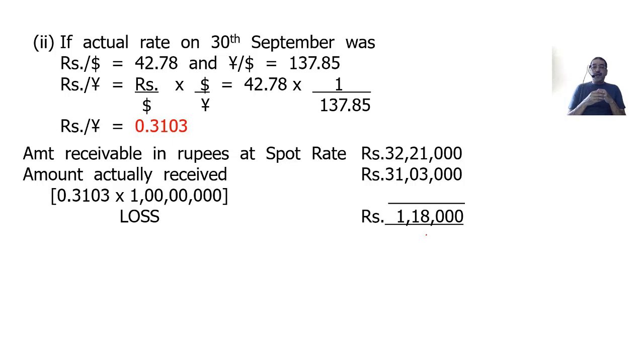The loss has gone up to 1,18,000. So if the forward cover was not there and this was the rate, then I would have made a loss of 1,18,000, which is 20,000 more than if I had taken a forward cover. So by taking a forward cover, I have saved the loss of 20,000. Loss is less by rupees 20,000.